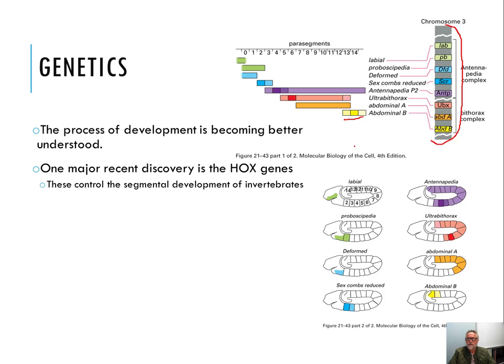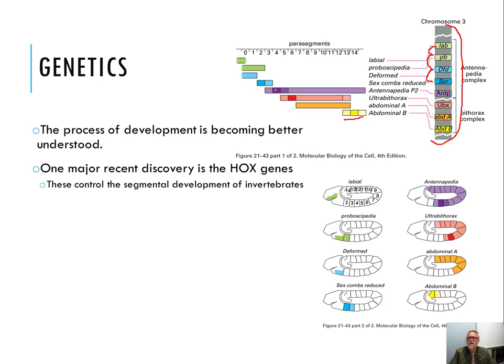So what this gene set does is it turns on sequentially. So this gene is turned on, then that one, then that one, then that one. So it's almost like a clock controlling the running and development of the organism. And then as each gene is turned on, it also becomes active in different parts of the organism.